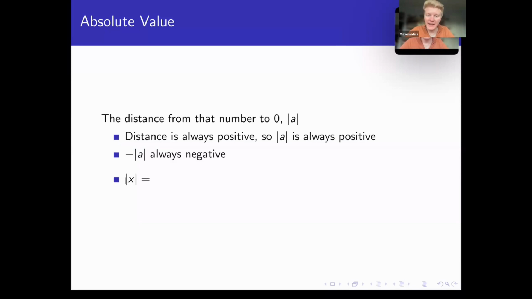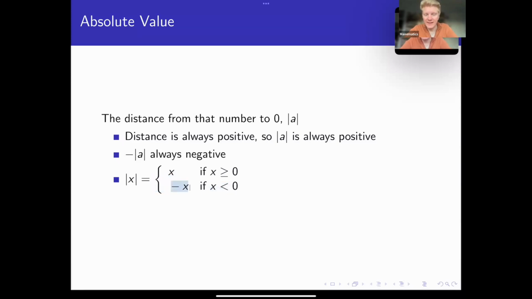The absolute value of any number x is defined the following way. It says that the absolute value of x is itself if x is greater than or equal to 0. So if we want the absolute value of 5, the absolute value of 5 is just 5 because 5 is bigger than 0. However, if your number is negative, then we say it's negative x.